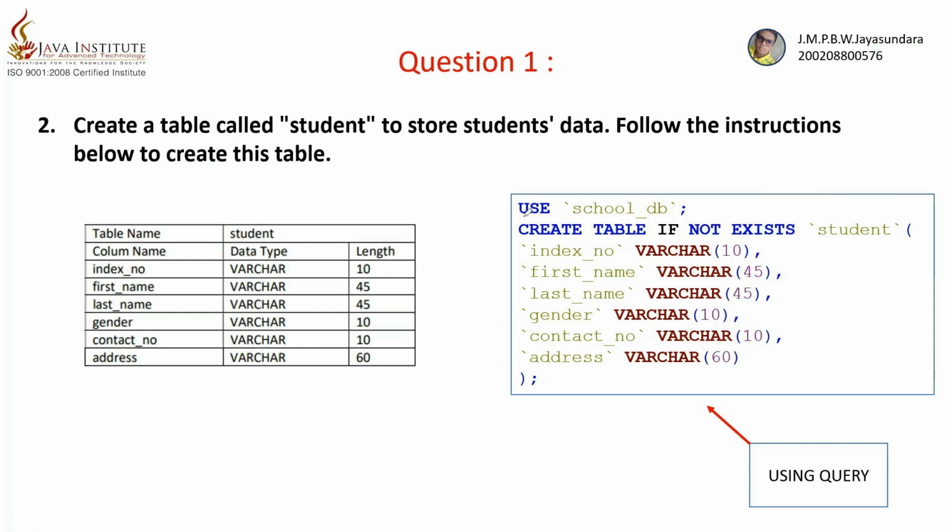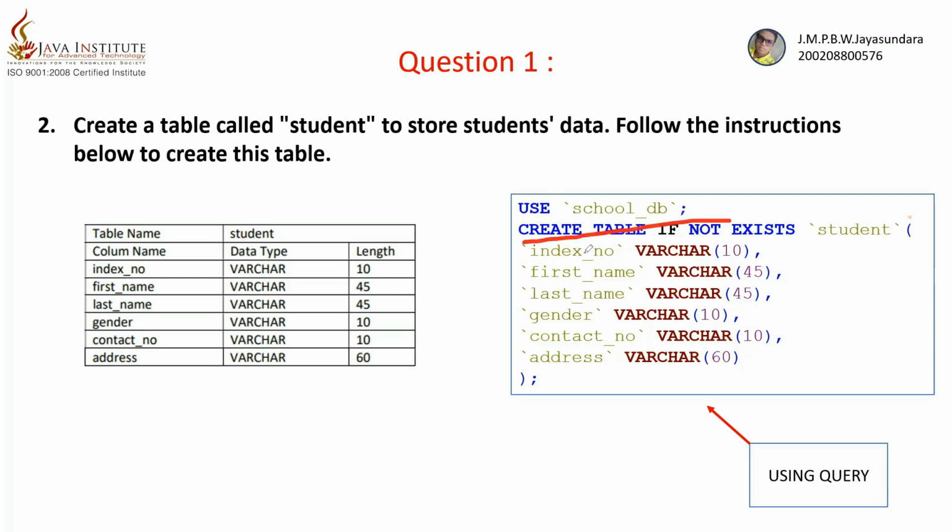Here we have typed use SchoolDB. So it's going to use our created database SchoolDB, and then here we have run a query to create our table. We have said create a new table as student, and only create that table if that table is not already present within this database.